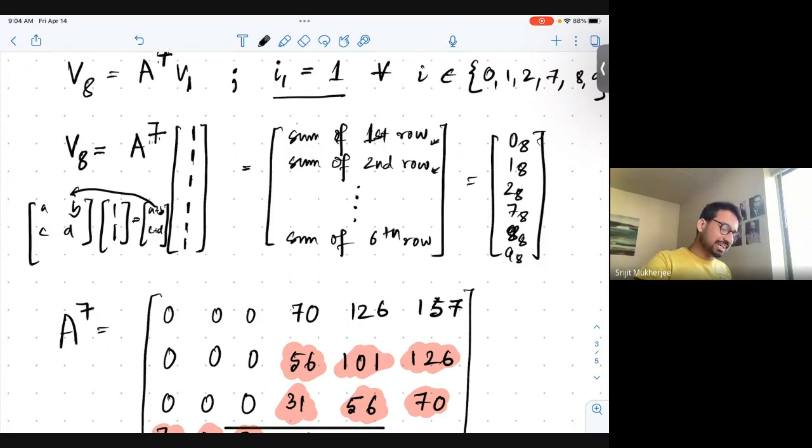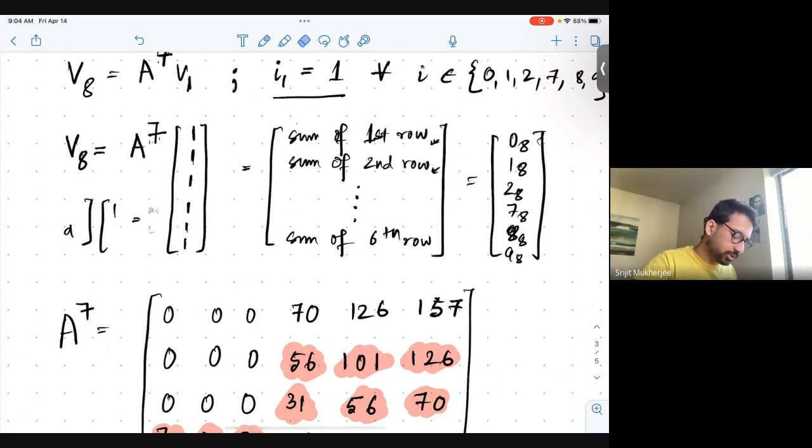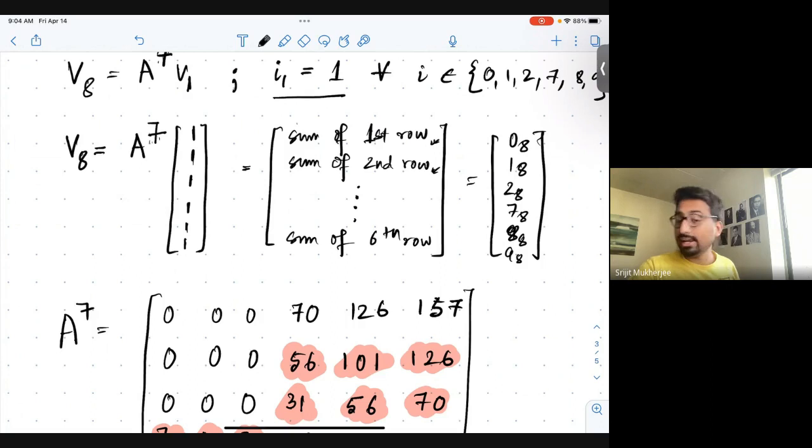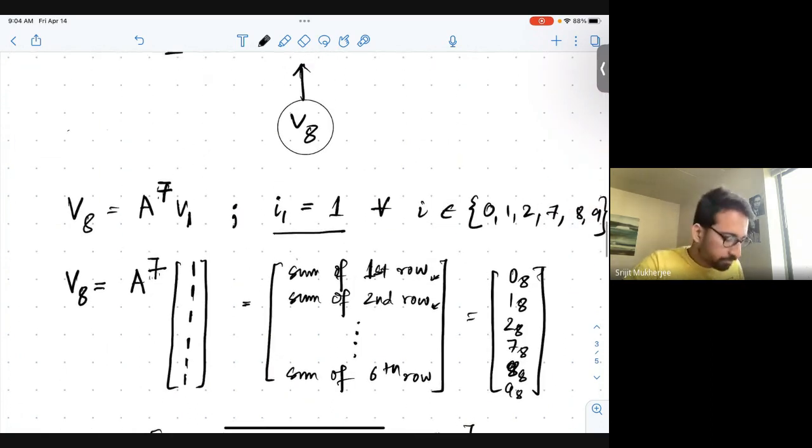And there are 6 rows. So therefore, you get the corresponding equation as I have written over here. The vector will be the sum of the first row, the sum of the second row of A to the power 7, and the last will be the sum of the sixth row, which is nothing but 0_8, 1_8, 2_8, 7_8, 8_8, 9_8. Hope it's clear.